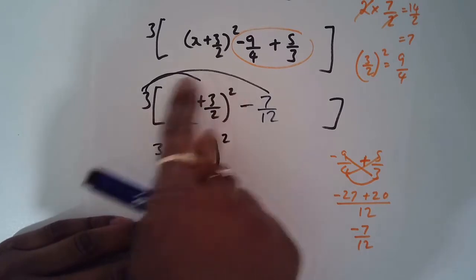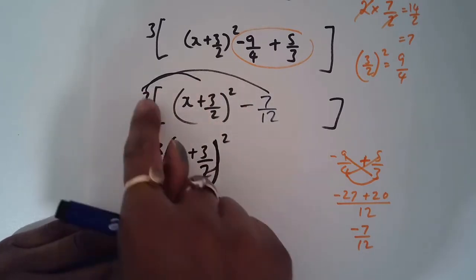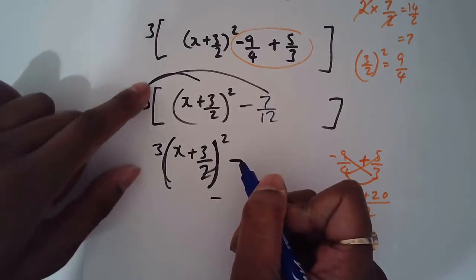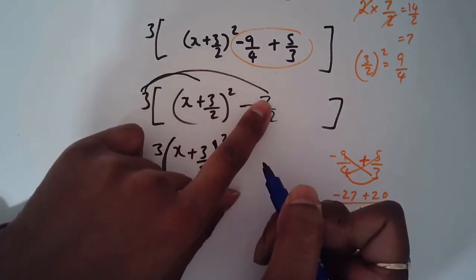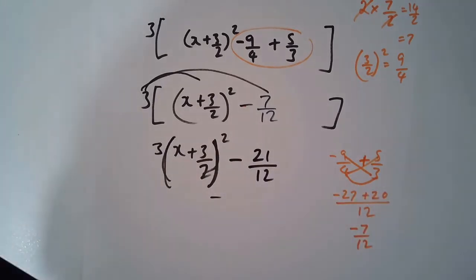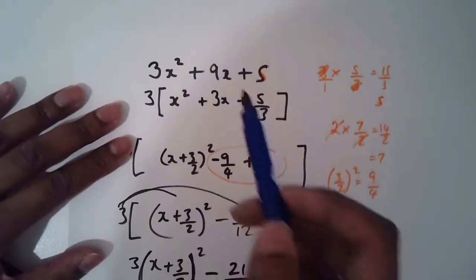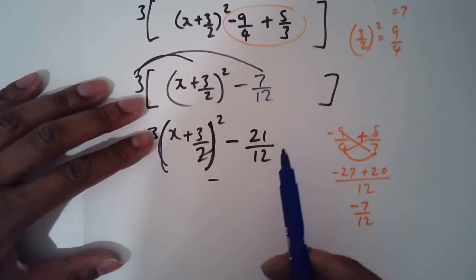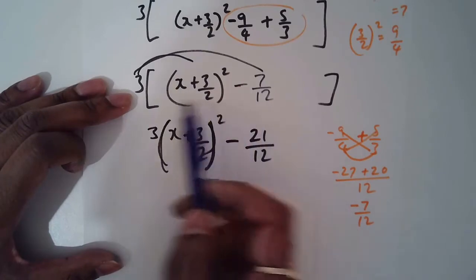So that and that are joined together, and then you've got 3 times all of that. 3 times 7 is 21 over 12. I have now completed the square. So this is the quadratic expression, and what I've done is I've completed the square.